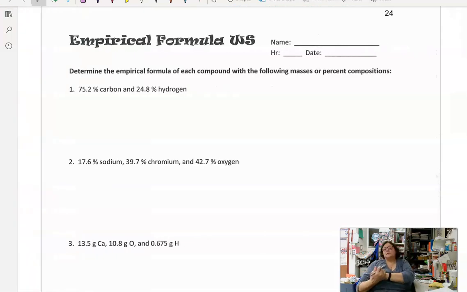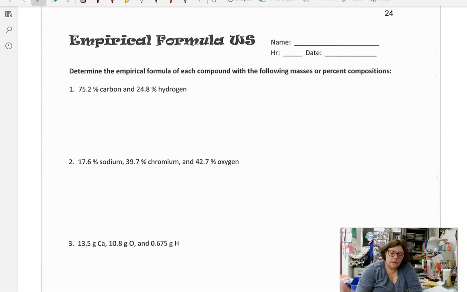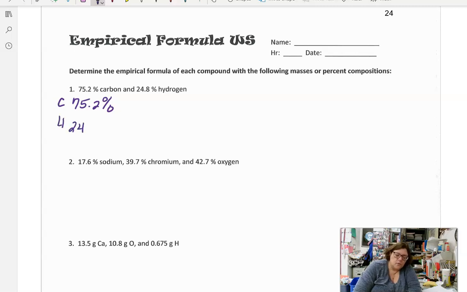You've got the packet that was passed out that has the percent composition in it that you practiced. So let's start out. We've got 75.2% carbon, and hydrogen is 24.8%. What's the first step in the poem? Just yell it out.